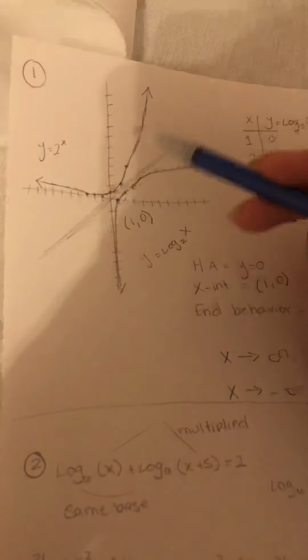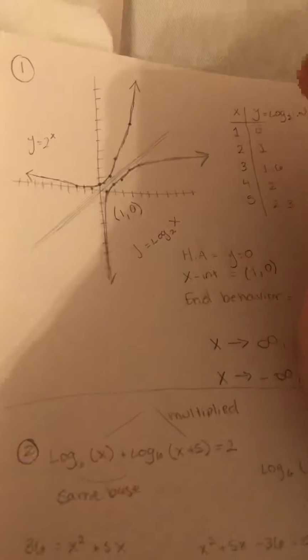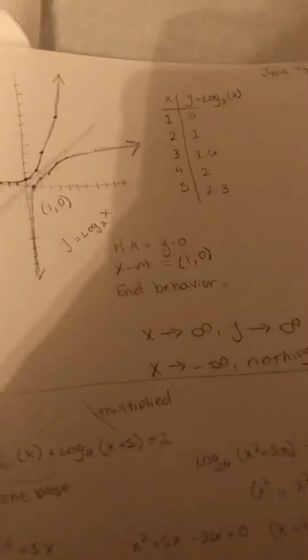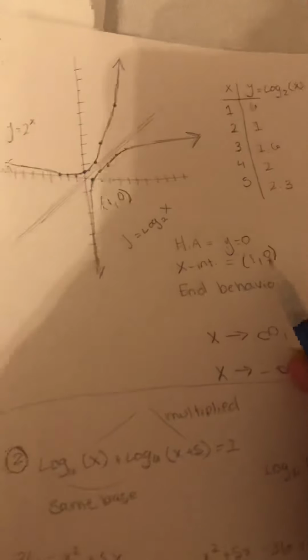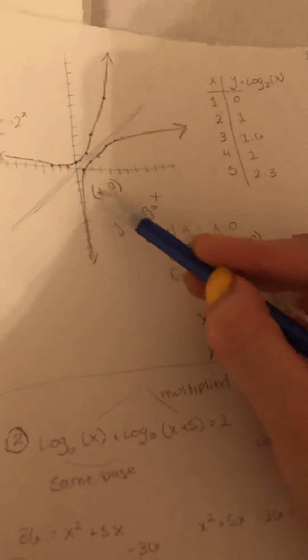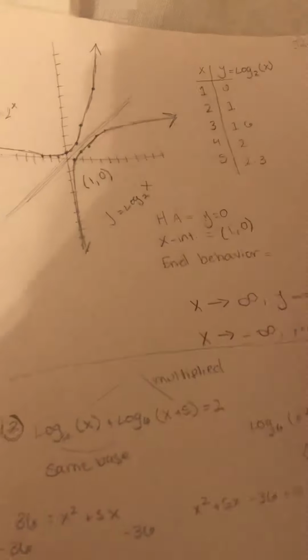And this is because this line is an exponential growth graph, and logarithm graphs and exponential growth graphs are inverses. The x-intercept is going to be where our line intersects the x-axis, which is at (1, 0).